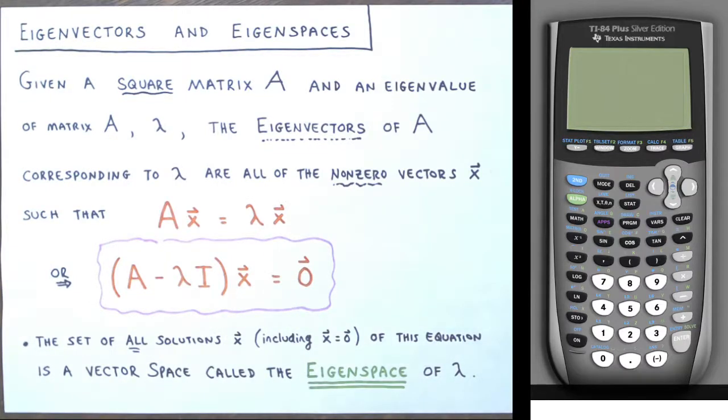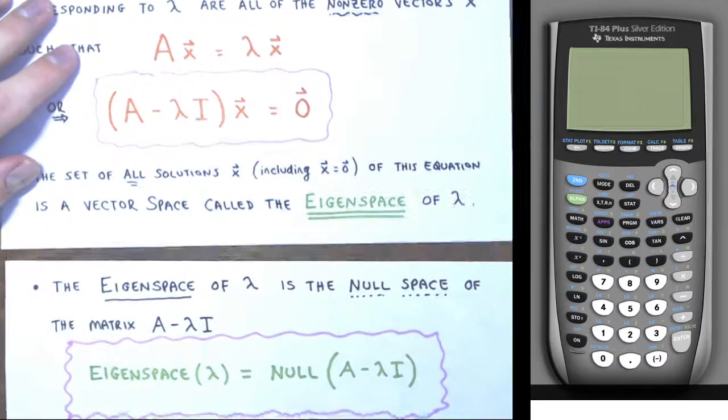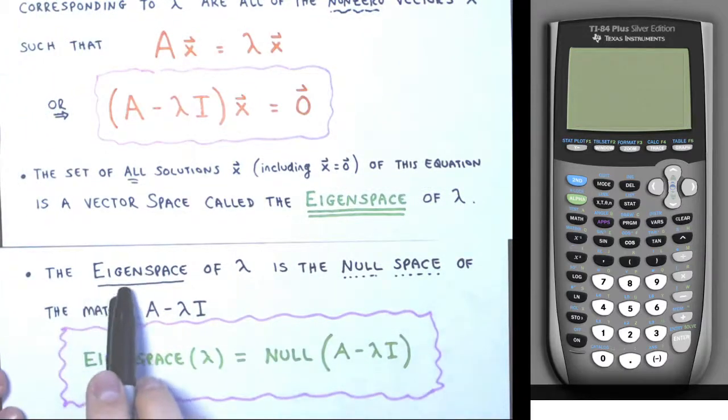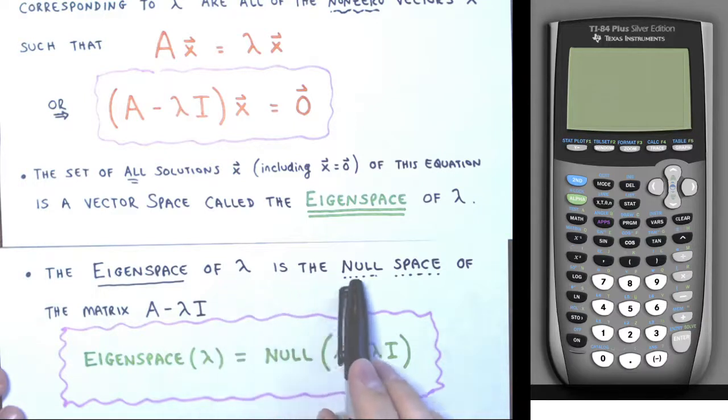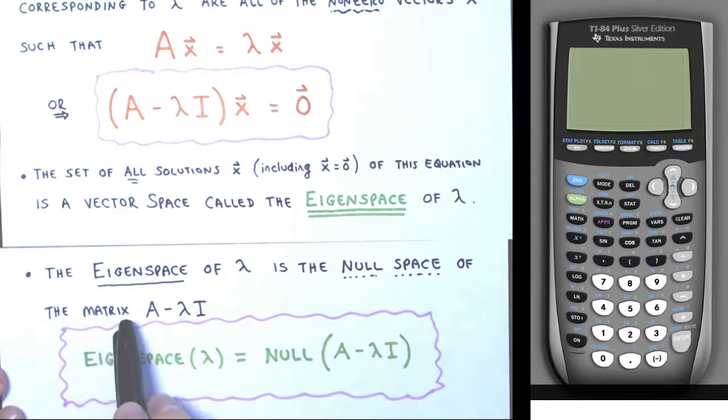So I've written that out on the next page. The eigenspace of an eigenvalue lambda is the null space of the matrix A minus lambda I. I've written that here in a nice little box. Great.